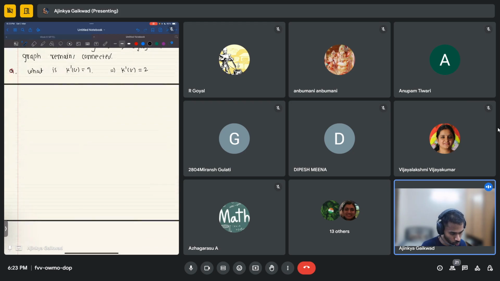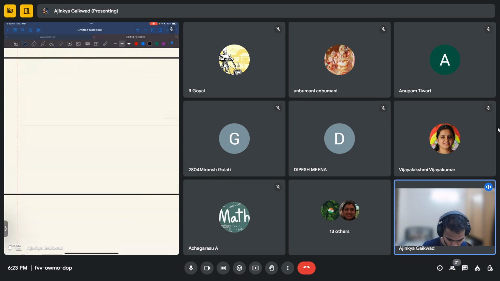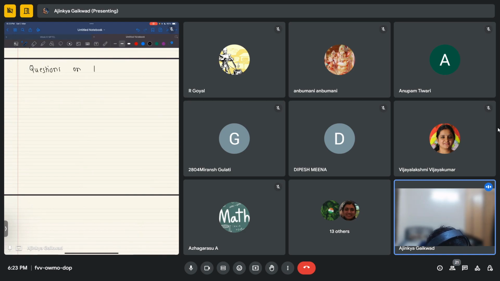Okay, so let's do problems on flow networks. Let me give you a graph and we'll see what a flow is and what properties it satisfies.